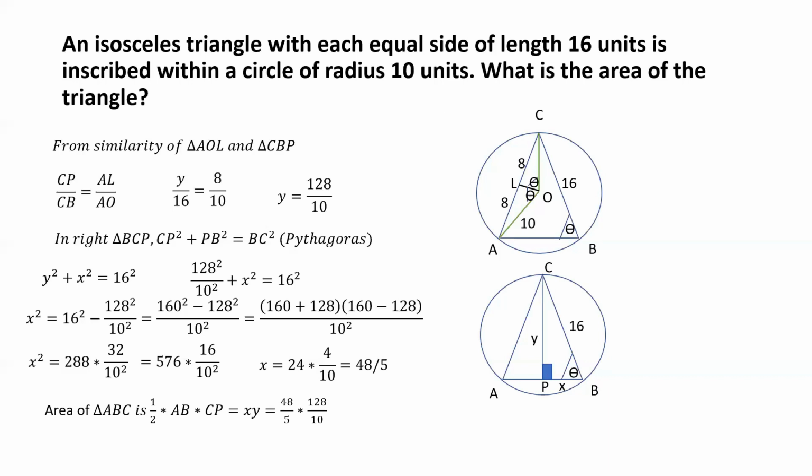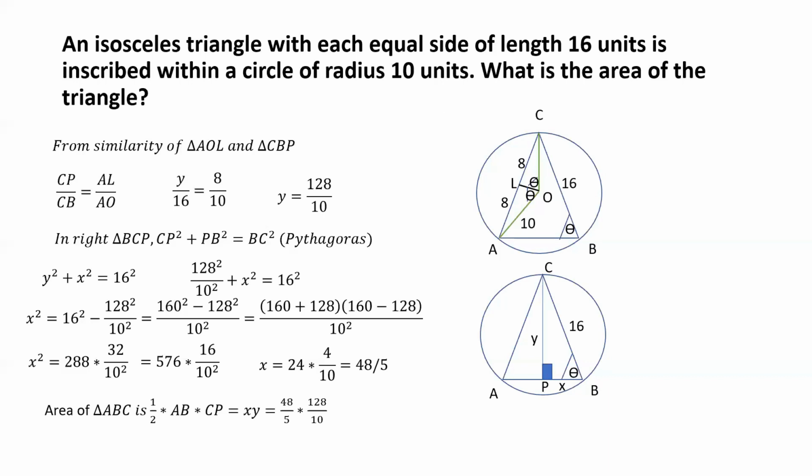Remember the property of the isosceles triangle: the equal sides are AC and AB, so when you drop a perpendicular from vertex C onto the base AB, it bisects the base, so AP equals PB equals x.